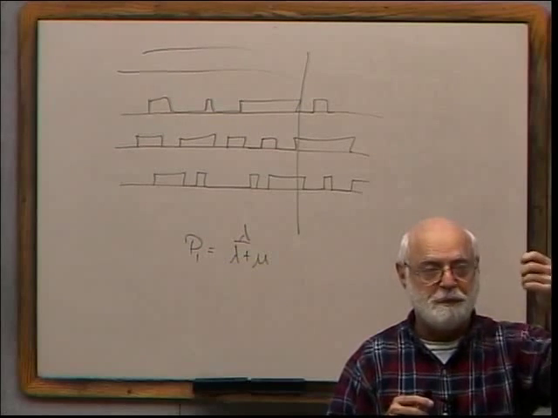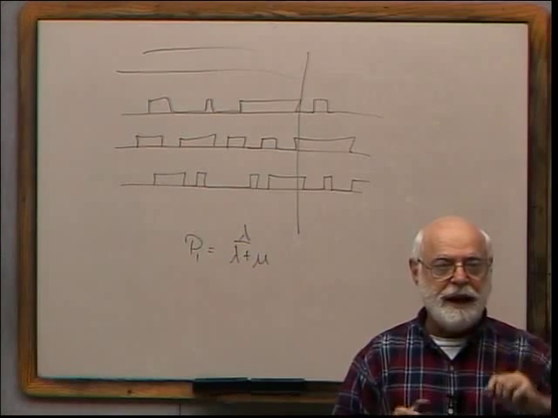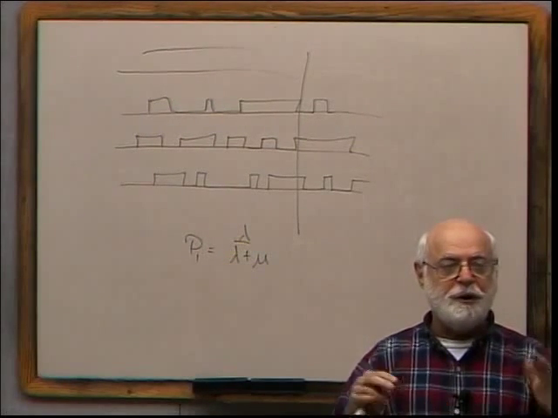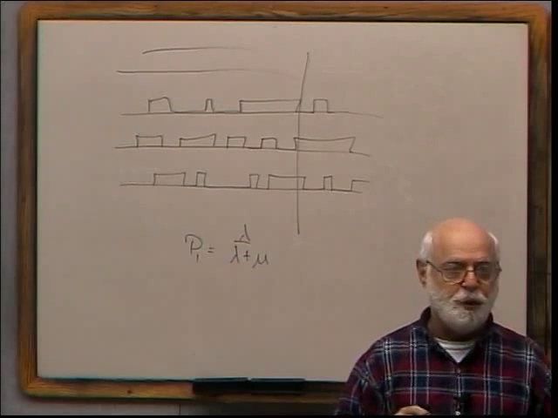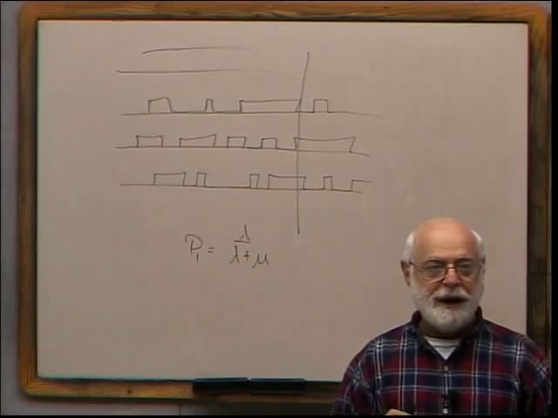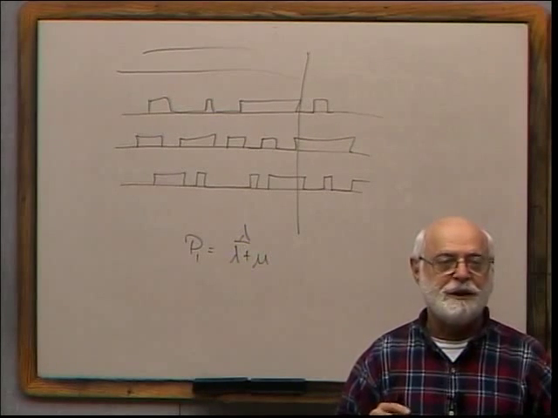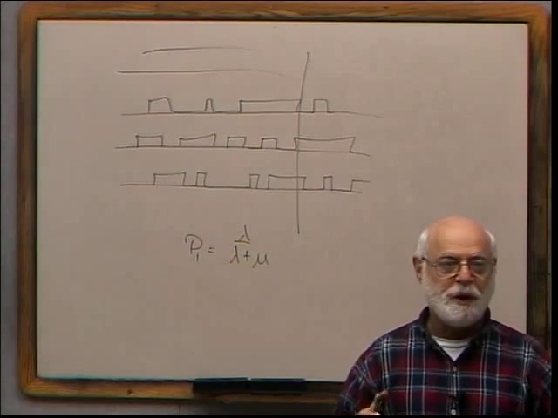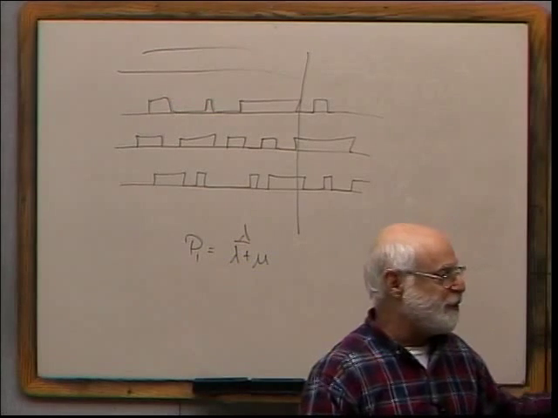And if the system is ergodic, then the 2 points of view yield the same probabilities. Now, how do you know whether something is ergodic or not? I don't know. All I know is that it's obvious to me that these kinds of systems are ergodic.